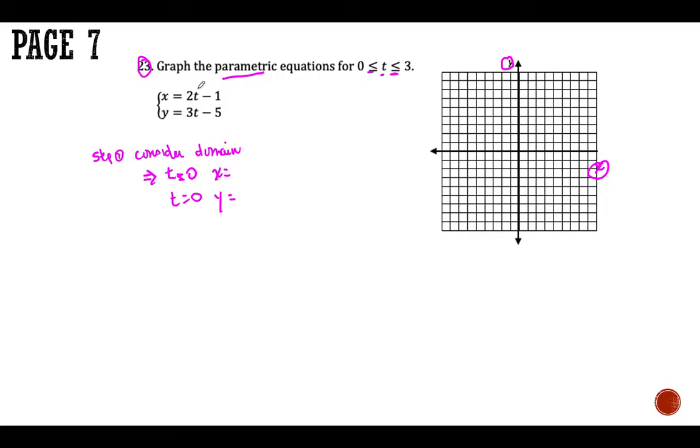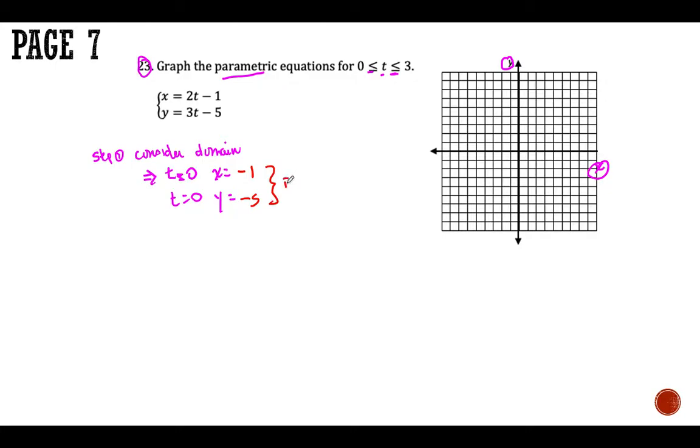So notice these are both lines. 2t minus 1 and 3t minus 5 are both lines. So x is equal to 2 times 0 minus 1, which is negative 1. And y is 3 times 0 minus 5, which is, of course, negative 5.